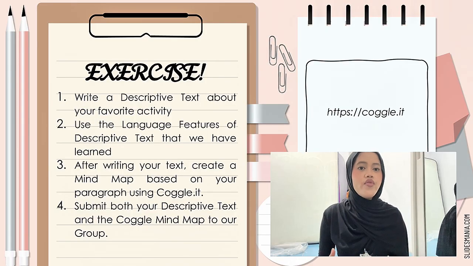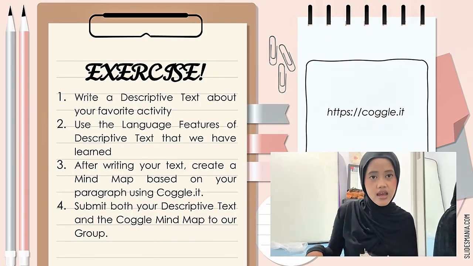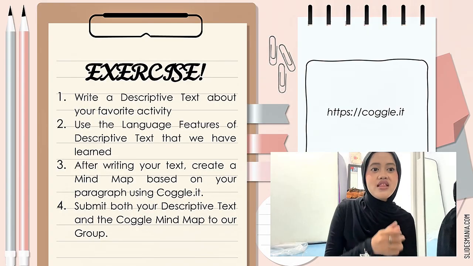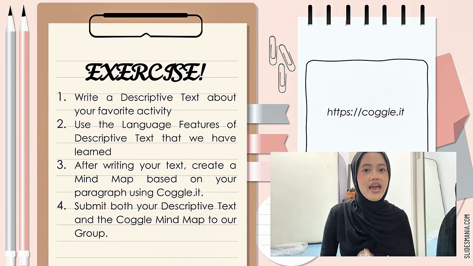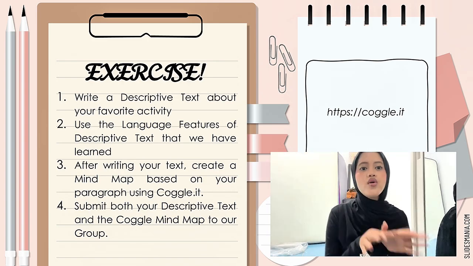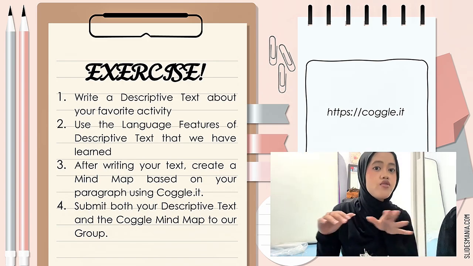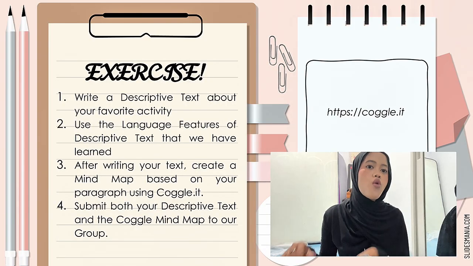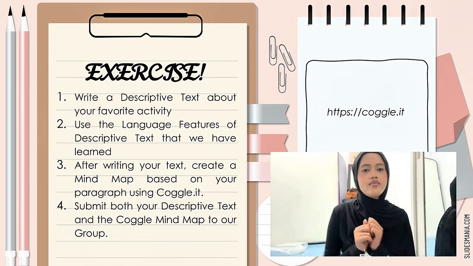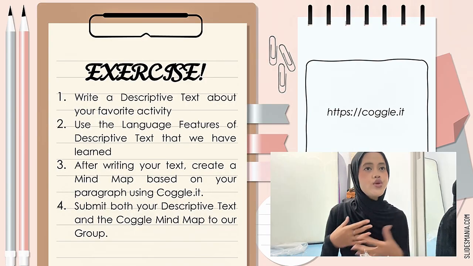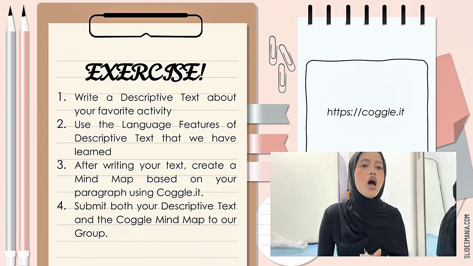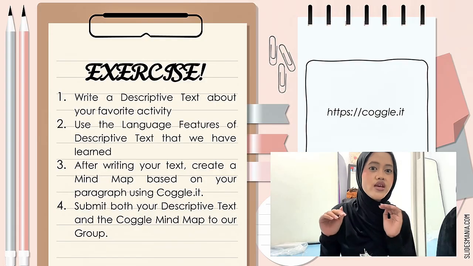And then after writing, create a mind map based on your paragraph using Coggle. And the last, submit both your descriptive text and your Coggle mind maps to our class group. But don't worry, I will show you how to use Coggle. So just relax and follow the instructions carefully.